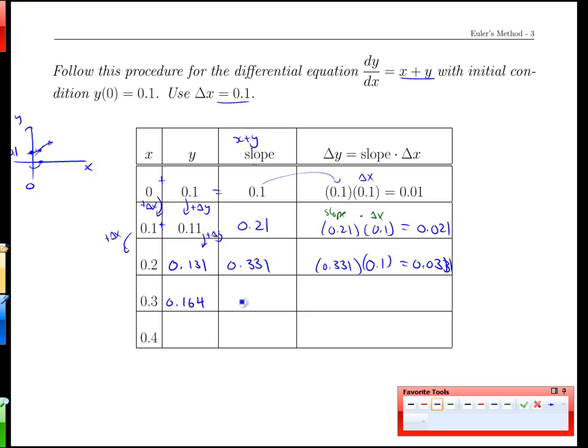I'll stop at 3 decimals. And 0.464. We take that slope and multiply it by delta x. And we're going to get 0.04, 0.208, something like that. Nope, 0.21. What am I doing? Give or take. All right.